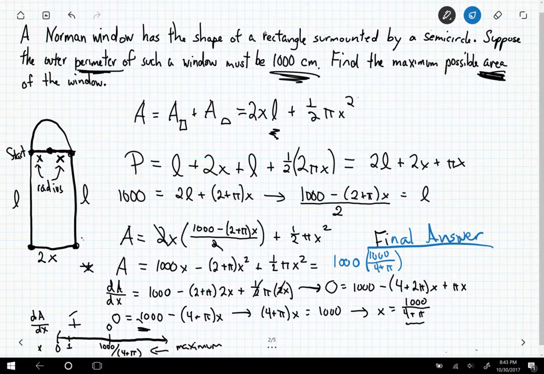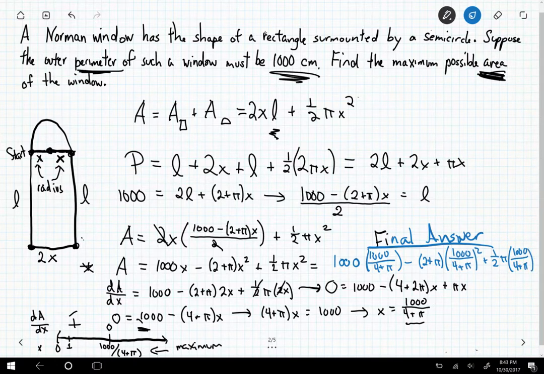And then minus, well, we have 2 plus pi times 1,000 over 4 plus pi, the quantity squared. And then plus 1/2 pi times 1,000 over 4 plus pi. We can leave our answer as that.